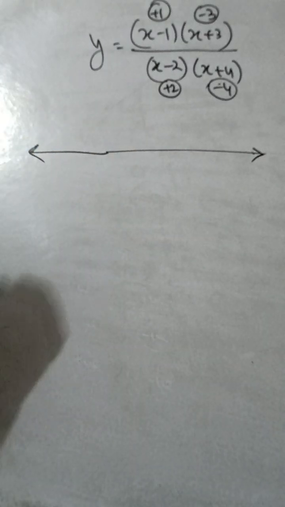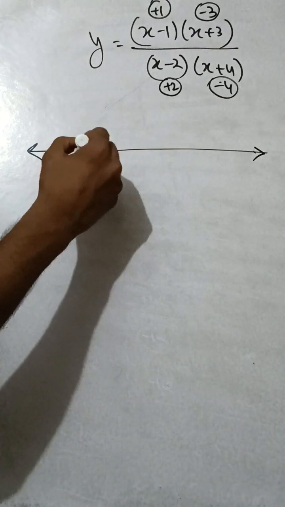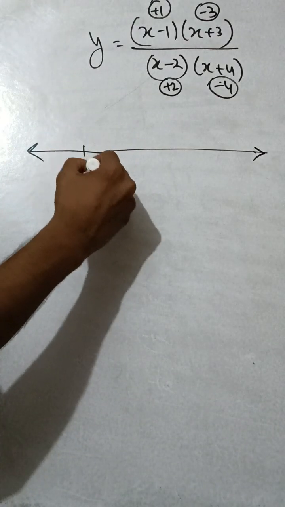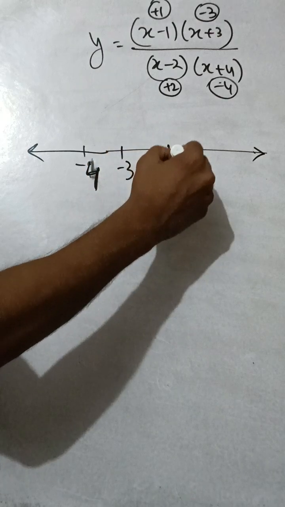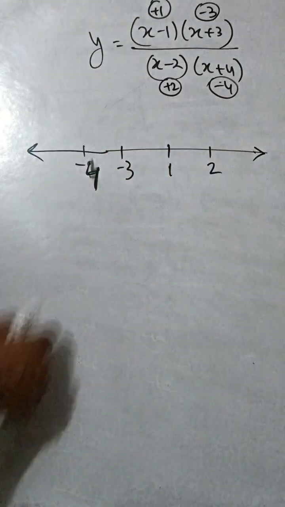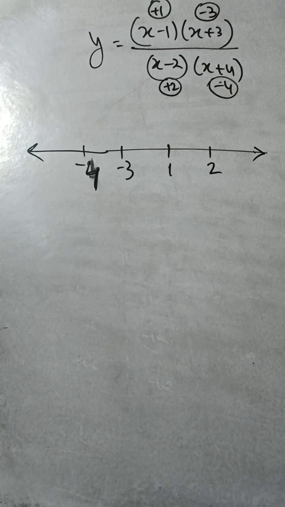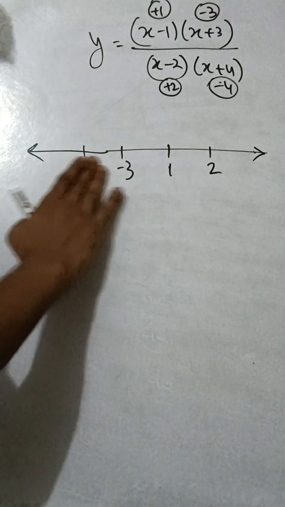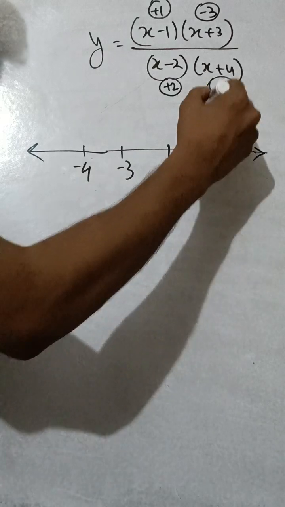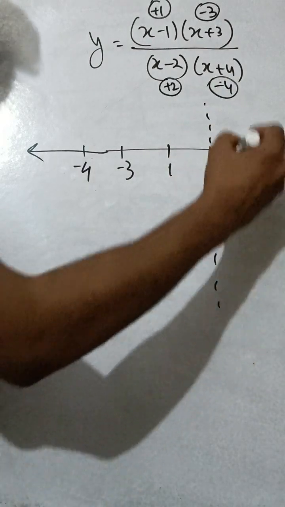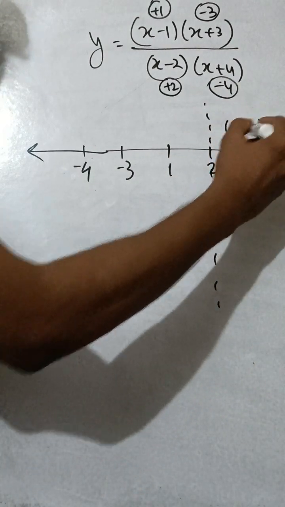So we have 4 critical points. -4 is the least one, then -3, 1 and 2. Once we plot these 4 critical points, we have divided our entire real line into 5 regions. What are these regions? One of these regions is 2 to infinity.